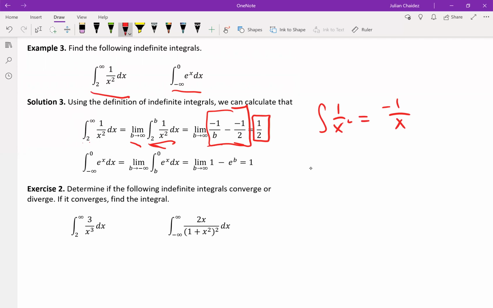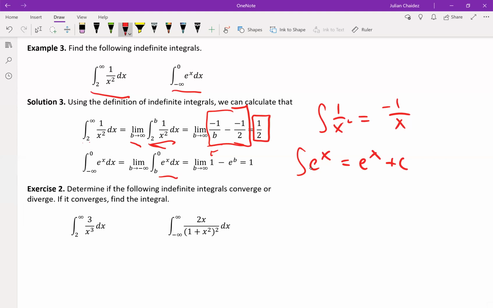Okay, and then I have a similar kind of thing for the integral of e to the x from negative infinity to 0. So here I look at the limit as b goes to negative infinity of the integral from b to 0 of e to the x. The antiderivative of e to the x is just e to the x plus c. So when I evaluate this integral and do the usual thing with the bounds, I get e to the 0, which is 1, minus e to the b.